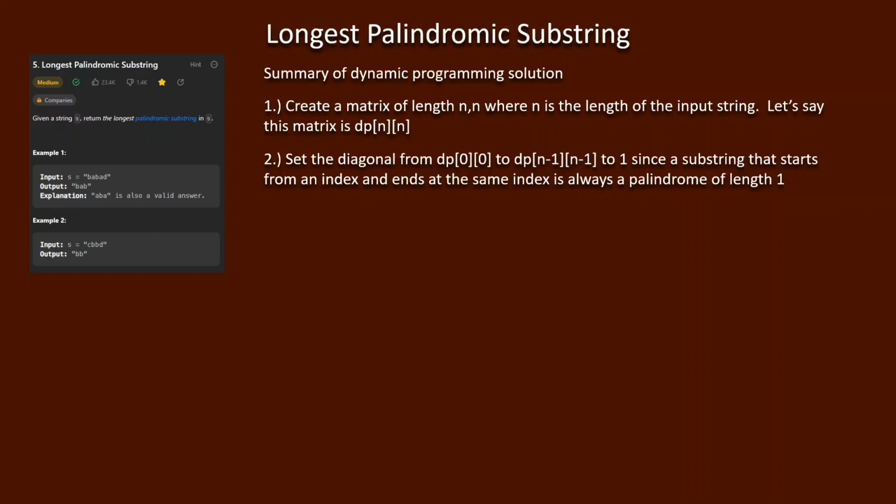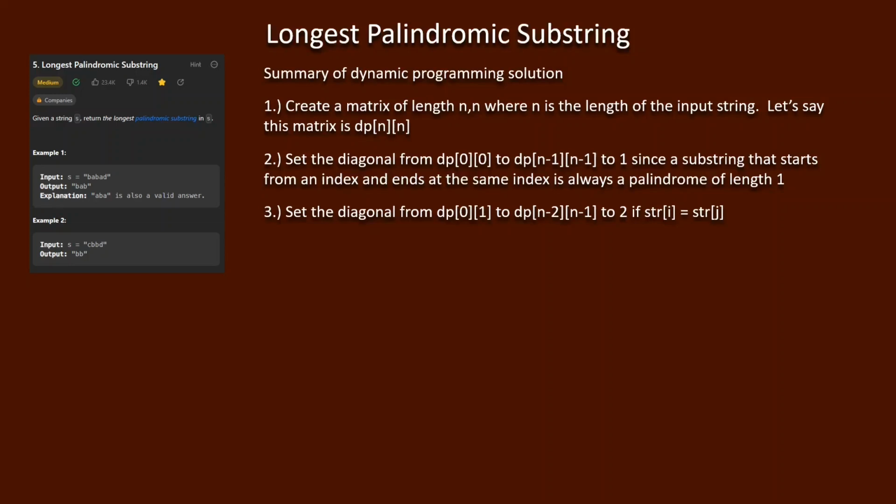One of our base conditions is that a substring of length 1 is always a palindrome. So we're just going to fill 1 in that diagonal. After that, we move to the diagonal that starts from 0, 1 till n minus 2, n minus 1. And this value is going to be 2 as long as the characters at i and j are the same. This is also one of our base conditions.